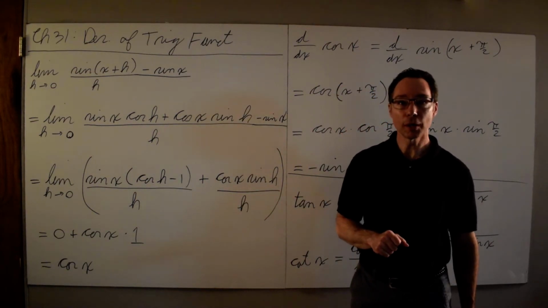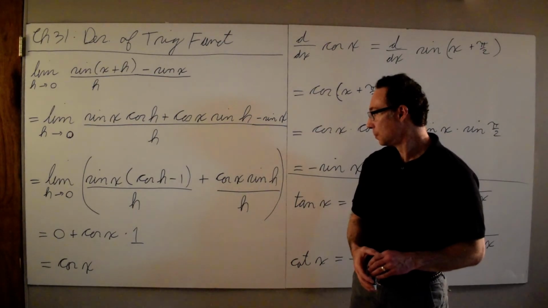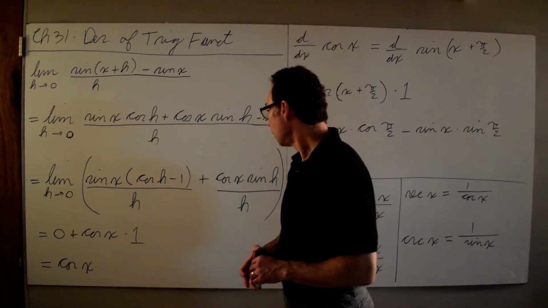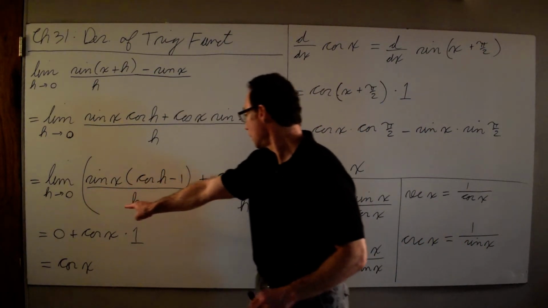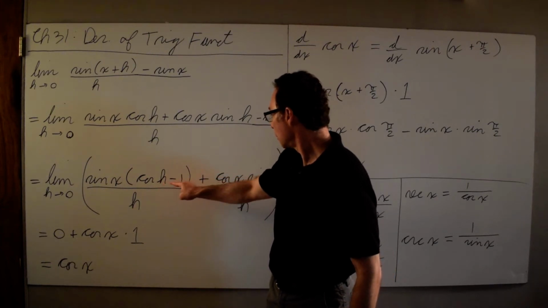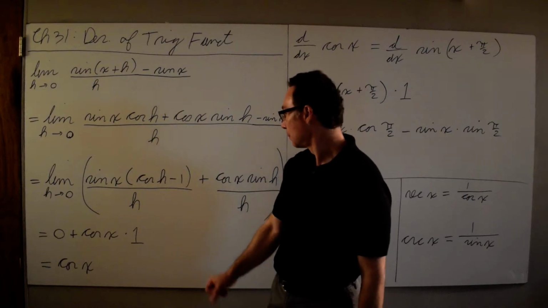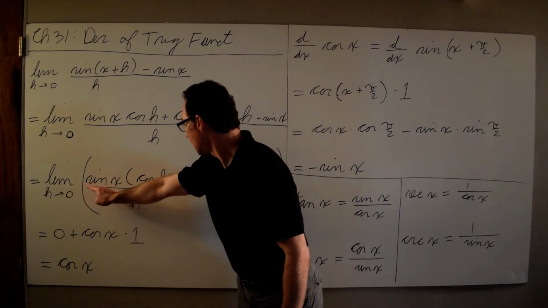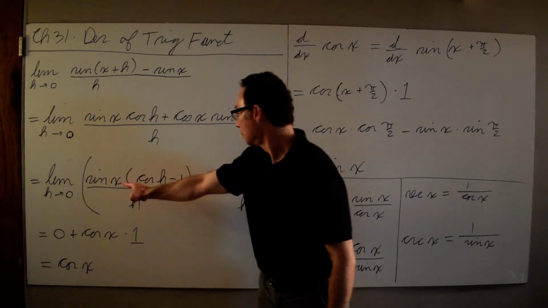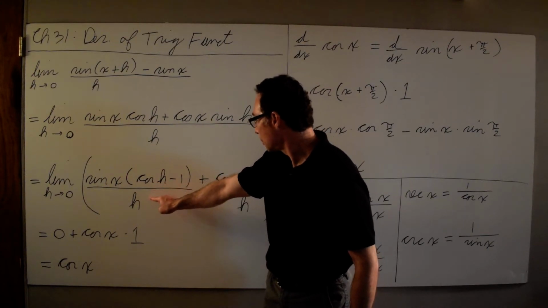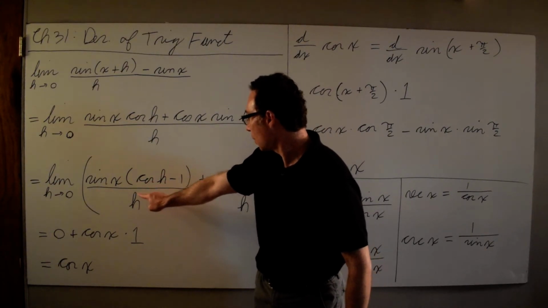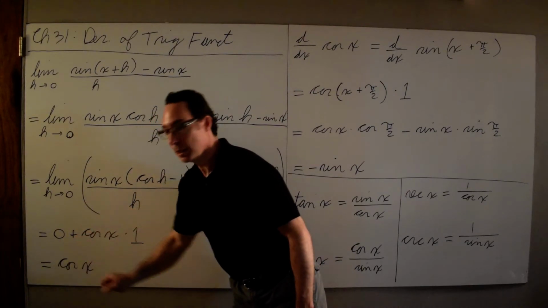And then we look at our limit theorems. We know that the limit as h goes to 0 of cosine h minus 1 divided by h is equal to 0. And as h goes to 0, sine x is constant. So this limit is 0 times sine x, which is 0.